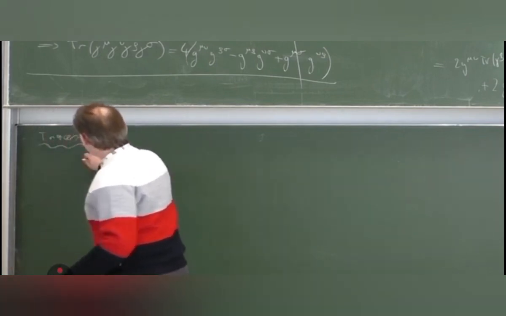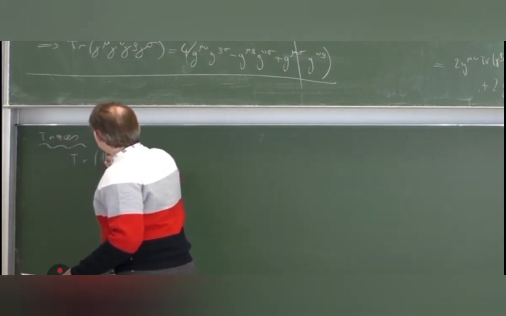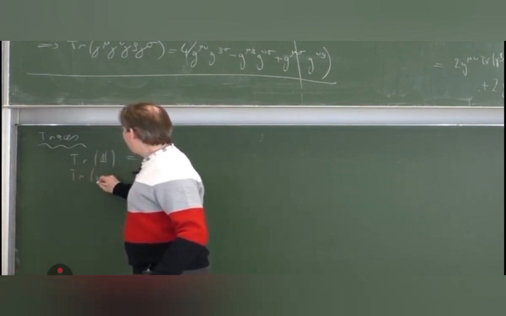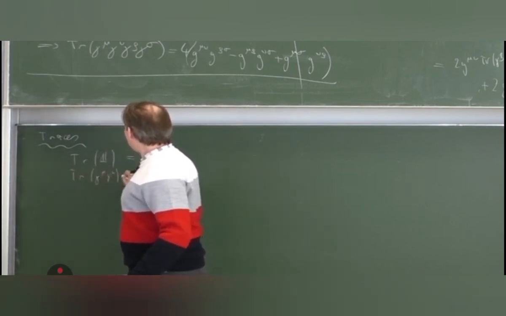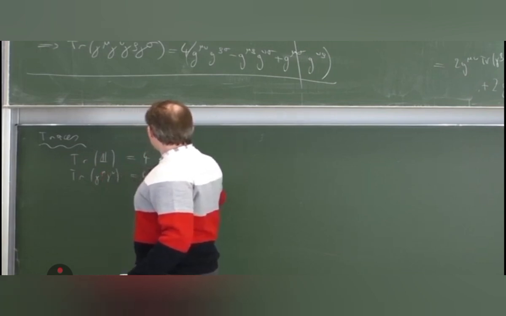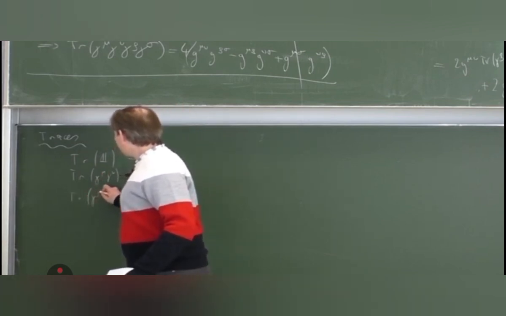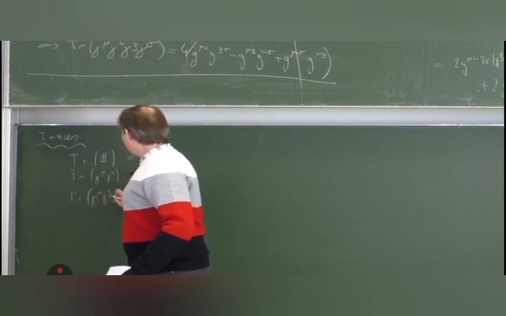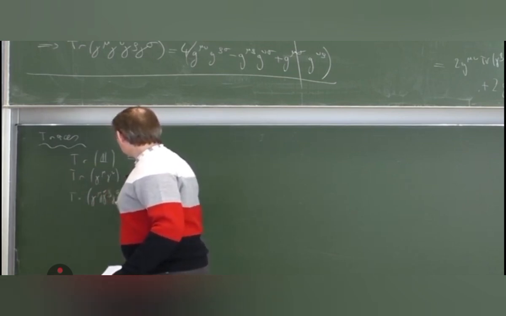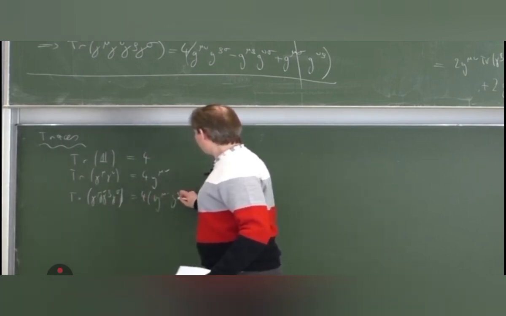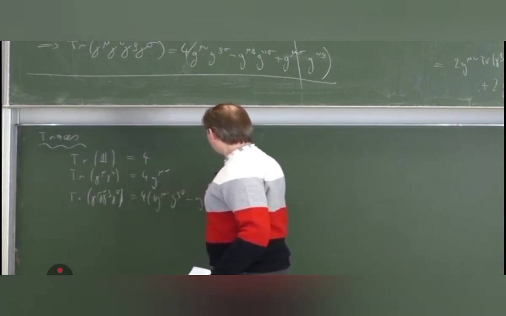So, the trace of the unit matrix is of course 4. The trace of a product of 2 gamma matrices is 4 times the metric tensor. The trace of 4 gamma matrices is what we just discussed, 4 times this combination.